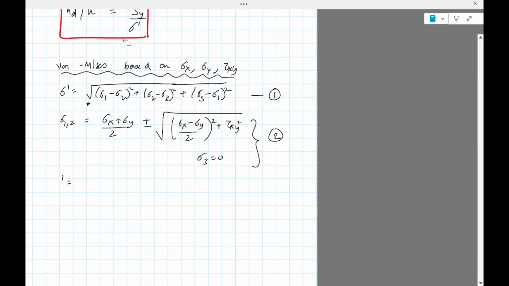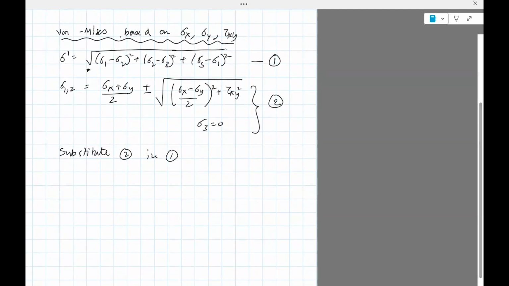So all we do is substitute 2 in 1, and we have sigma prime is sigma x square plus sigma y square minus sigma x sigma y plus 3 tau xy square, the whole thing raised to half.